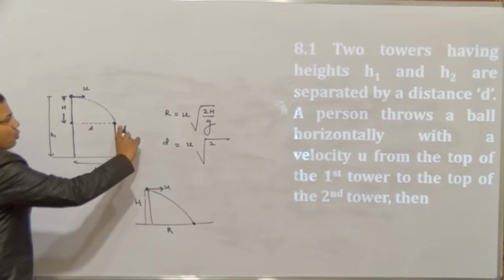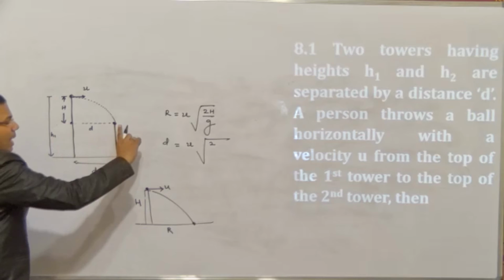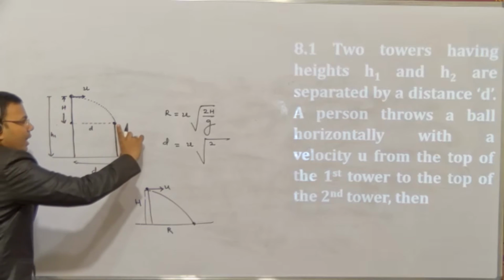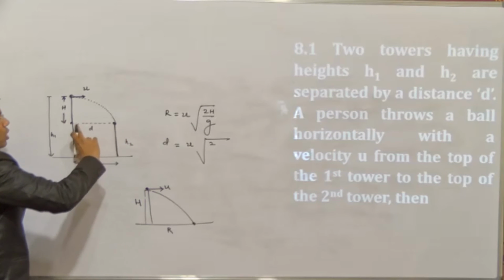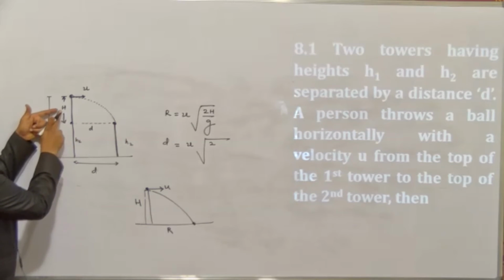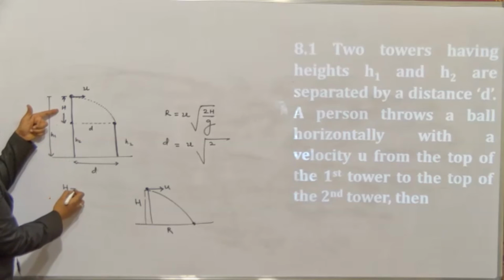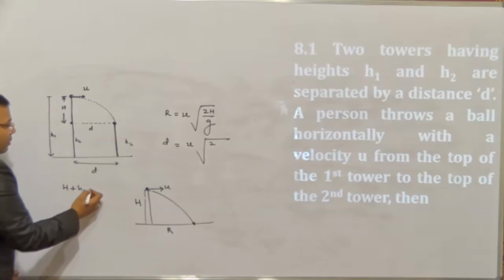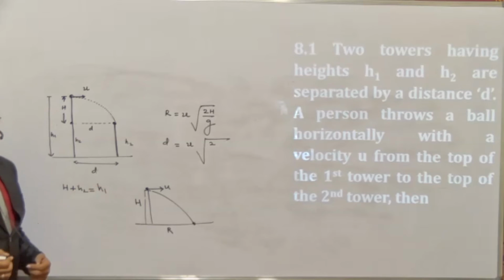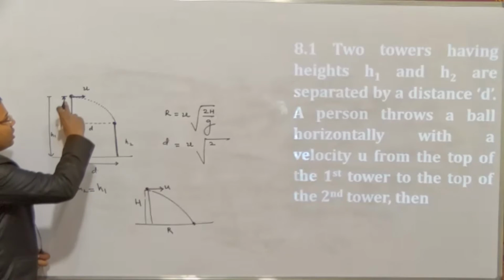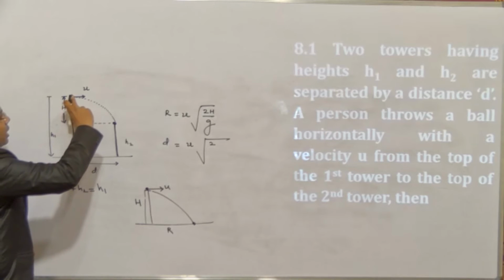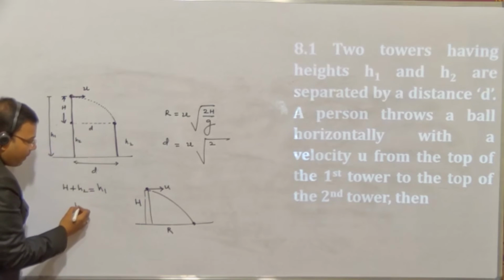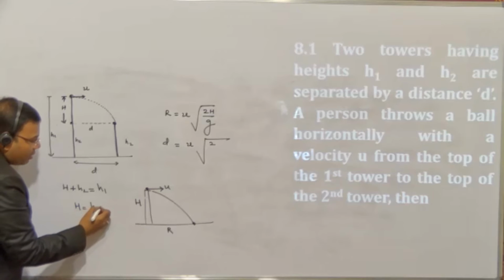If this is h2, this is also h2. The total height is h1, this is h2, so this height is also h2, the same. So h plus h2 is equal to h1. This is h, and this is h2, so this is h1 minus h2.